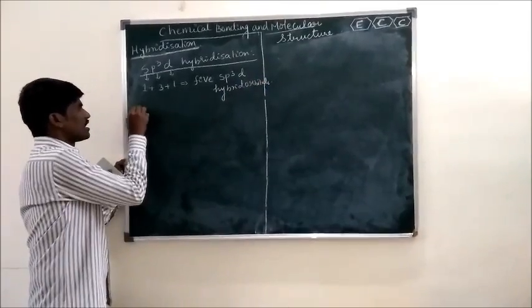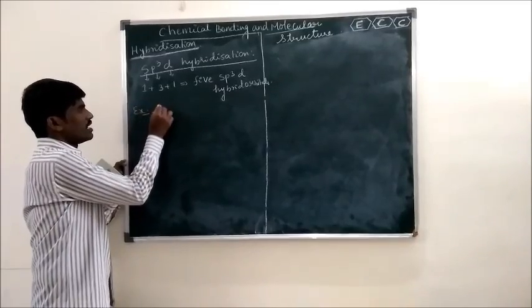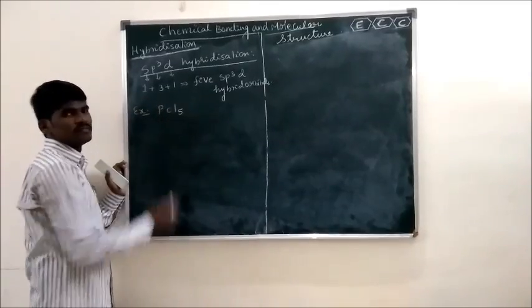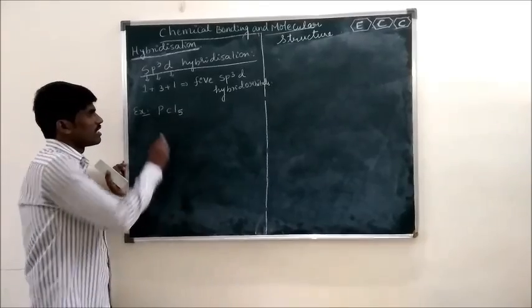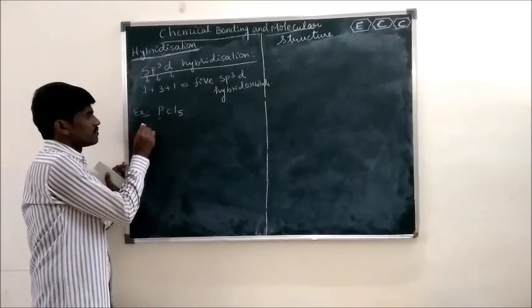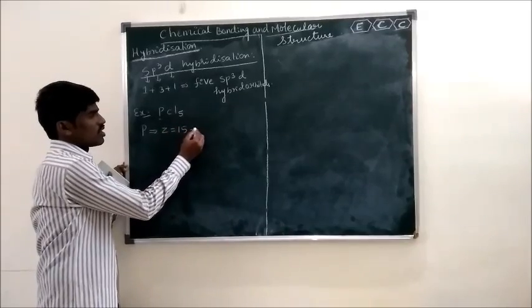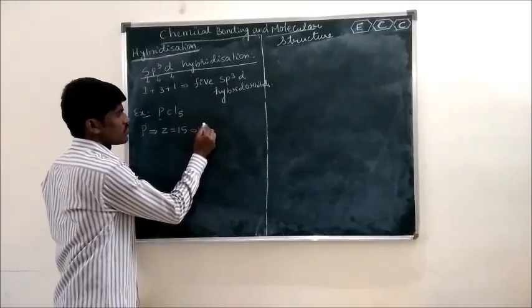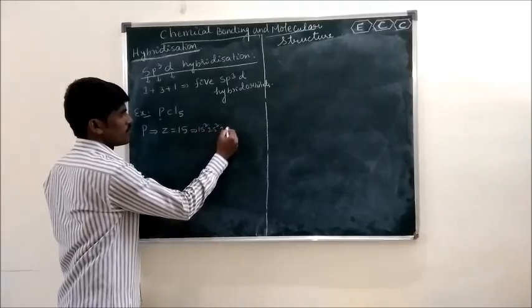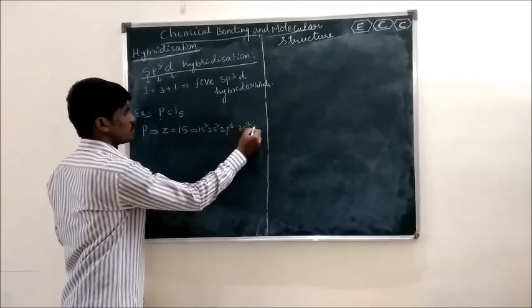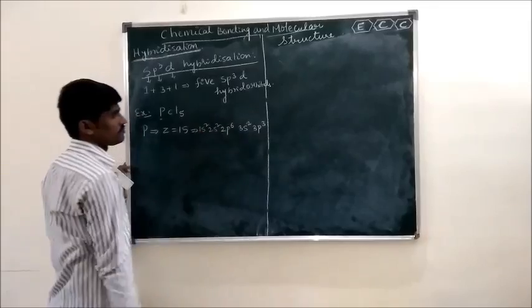For that, I'll take a best example for sp3d hybridization, PCl5, phosphorus pentachloride, in which phosphorus is the central atom. Phosphorus atomic number 15 and electronic configuration is 1s2, 2s2, 2p6, 3s2, 3p3.